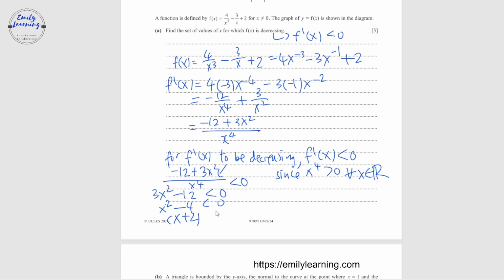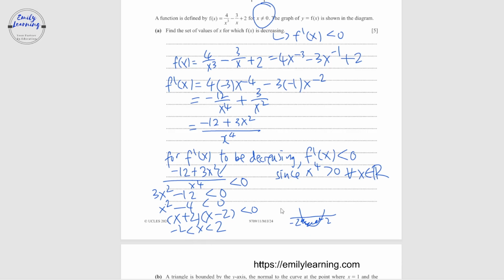If I do a factorization, I will get something like this. Based on this graph here, the roots are minus 2 and 2. Since it is less than 0, I know that x is in between minus 2 and 2. But if you write this as the answer, you won't be correct because you're given that x is not equal to 0.